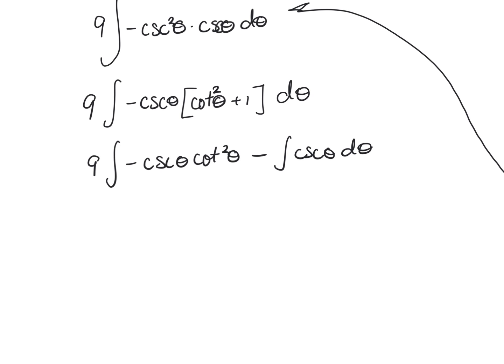What I did there is I distributed the cosecant on the cotangent squared and on that positive 1, and make sure I don't drop my 9. Then I separated it because I'm allowed to separate it. Now, we know from yesterday what this integration would be, that we need some sort of multiplier, something like multiplying by the cosecant of theta plus the cotangent of theta, numerator and denominator.